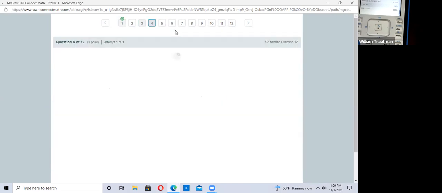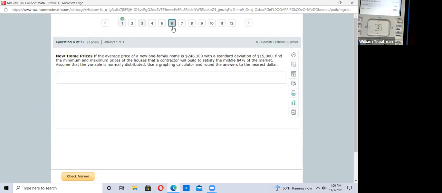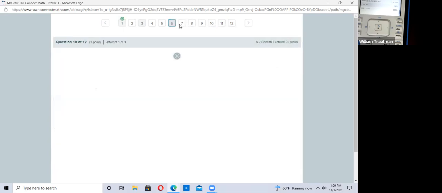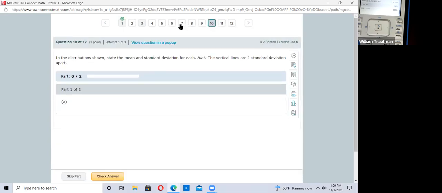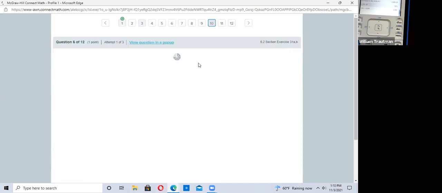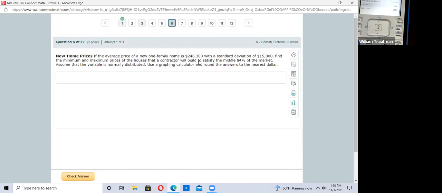These are word problems. That's all we want to do, at least one of them. Let's do this one, number 6. Let's do that one word problem and we'll call it a day.